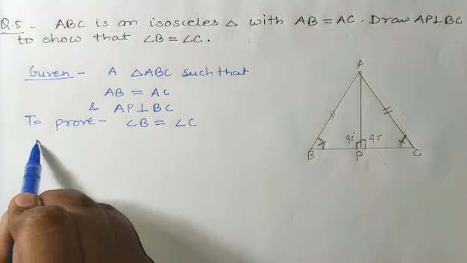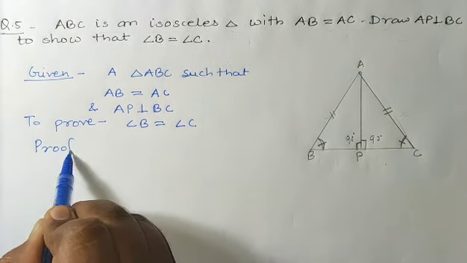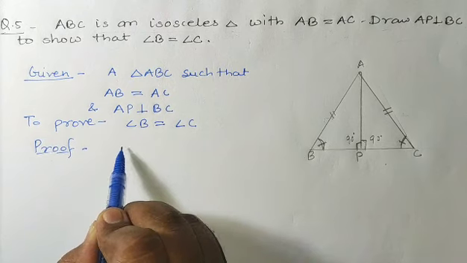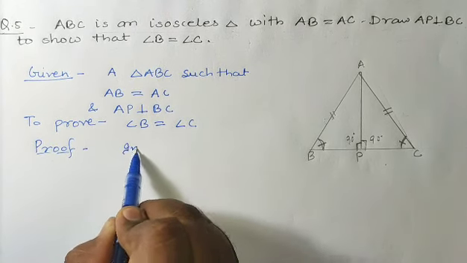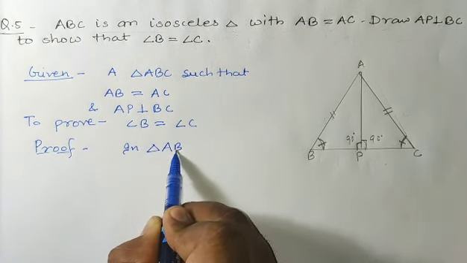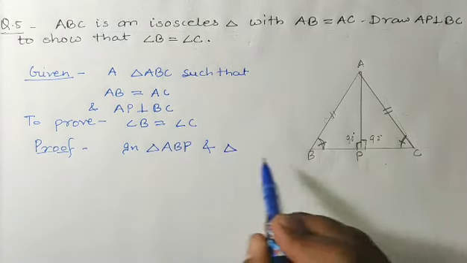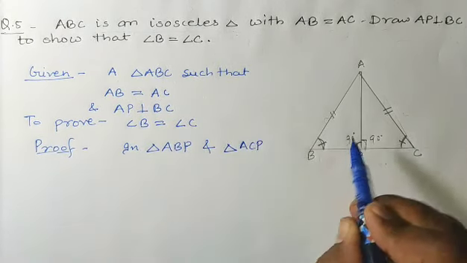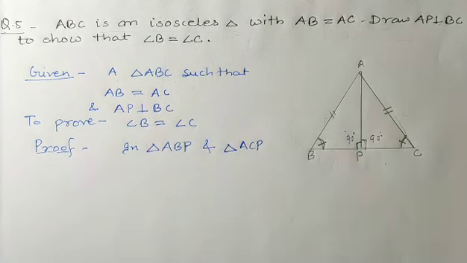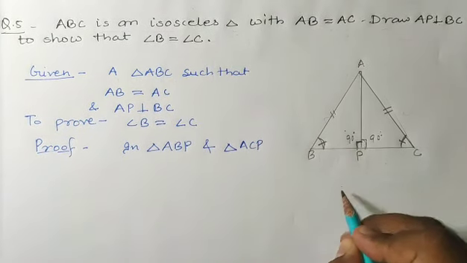And how will we prove it? Let us see. Firstly, we'll look at triangle ABP and triangle ACP. See students, in these two triangles, which criteria will we use? See, it is 90 degrees.